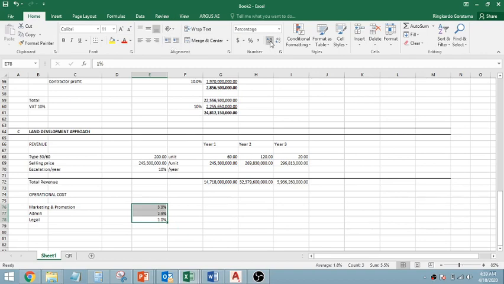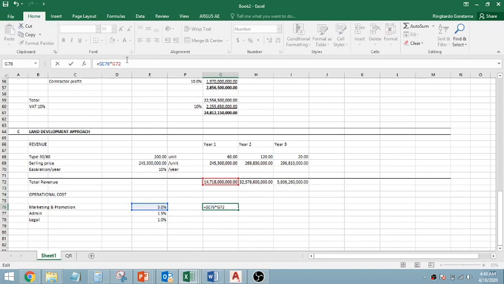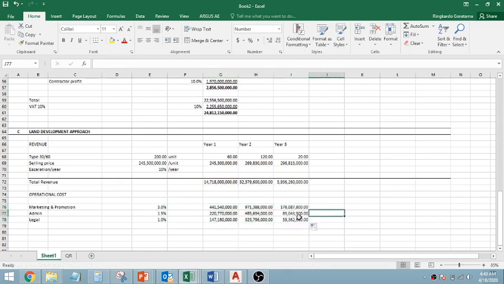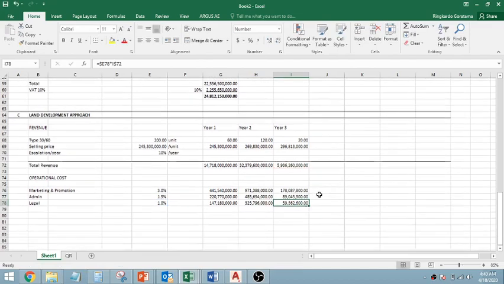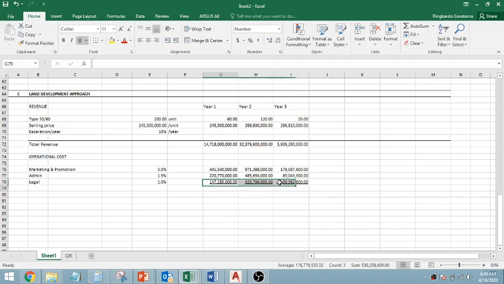So the cost will be this one, we multiply with this, so we lock it, and we also don't forget to lock this one. Okay, so let's check if the cell is correct. Yep. So this is the total of the operational cost.